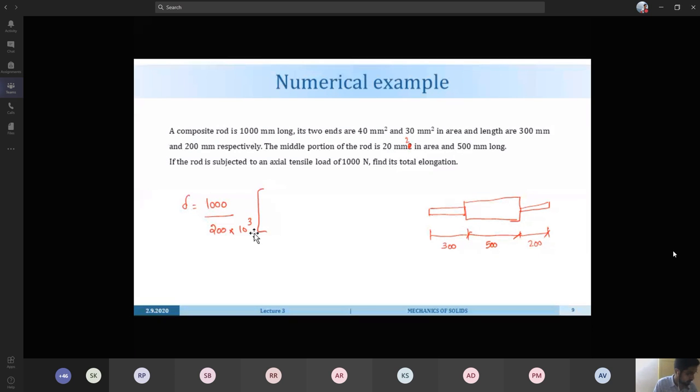So it will be 300 by 40 plus 500 by the central part, which is 20, and finally 200 by 30.